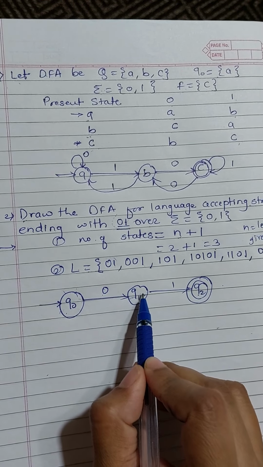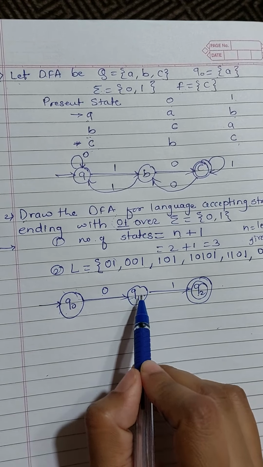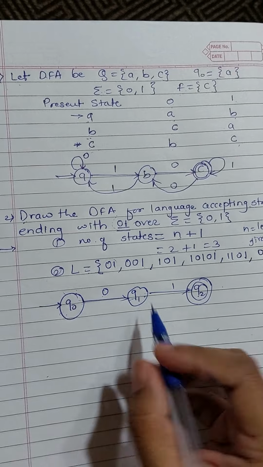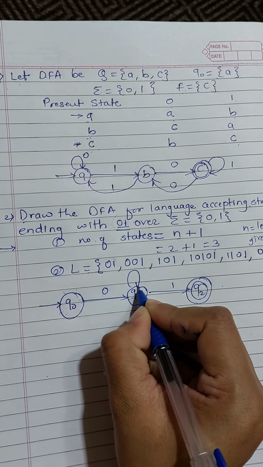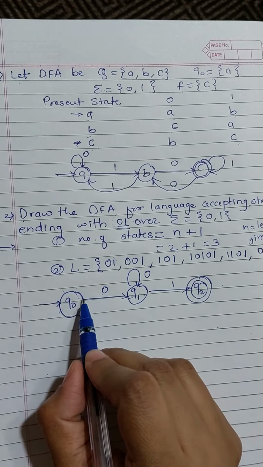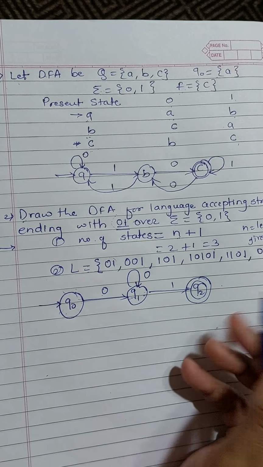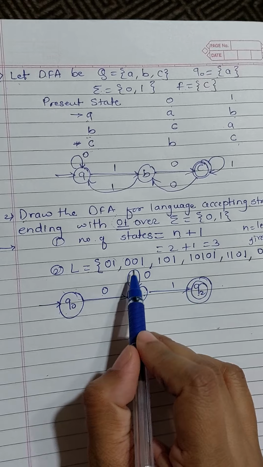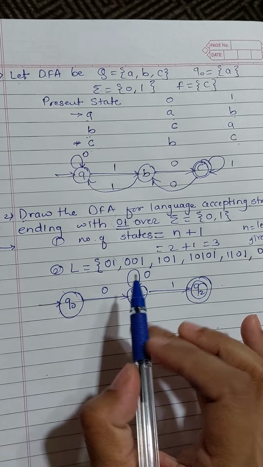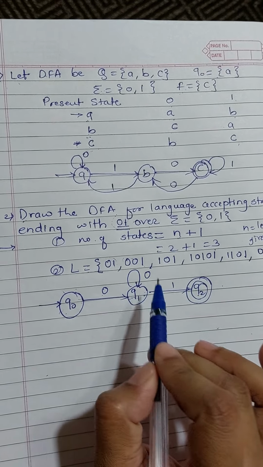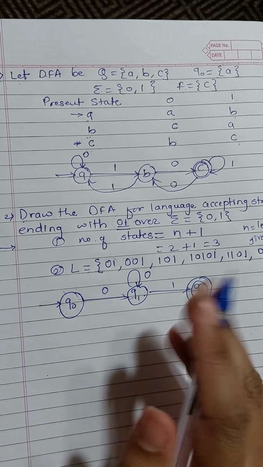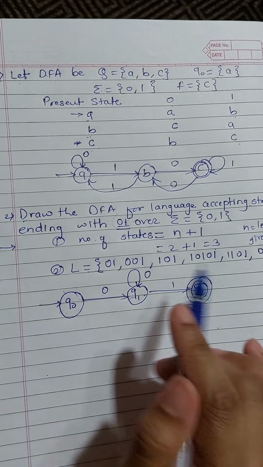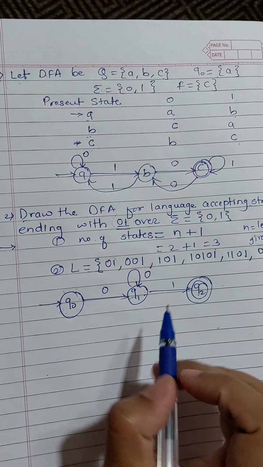So there is a chance that I can provide it with q1, because for q1 we already have provided for 1, not for 0. So if I write a loop over here for 0, we'll get 0 0 1, which is completing our second string, so this one is acceptable over it, or you can say 0 0 0 0 1. So any number of zeros followed by 1, it is accepting over it, so we will go with this transition.